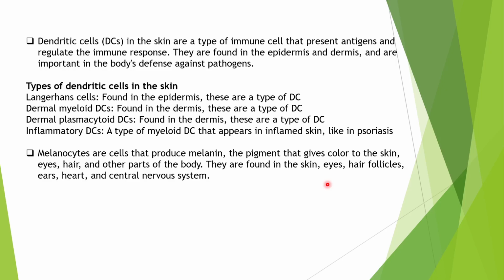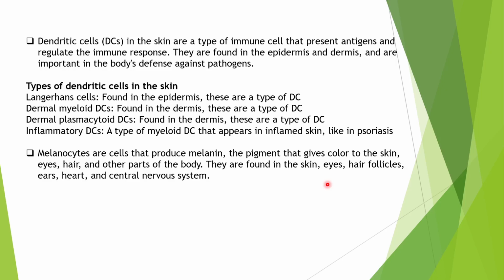Your dendritic cells in the skin are a type of immune cell that present antigen, your antigen presenting cells, and regulate the immune response. They are found in the epidermis and the dermis and are important in the body's defense against pathogens. There are different types of dendritic cells.